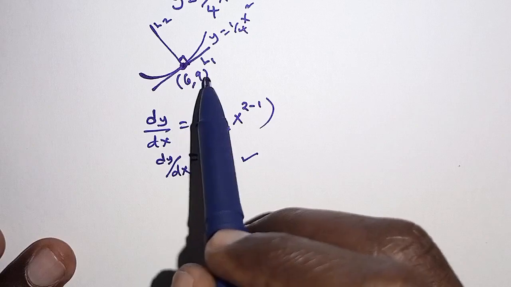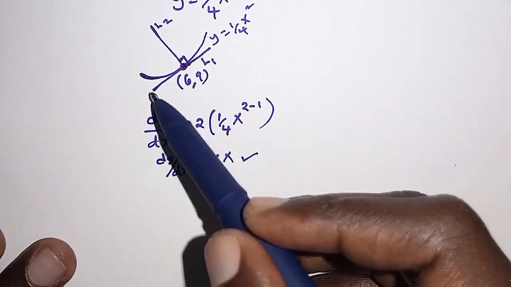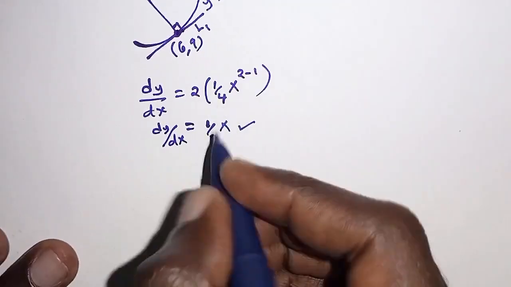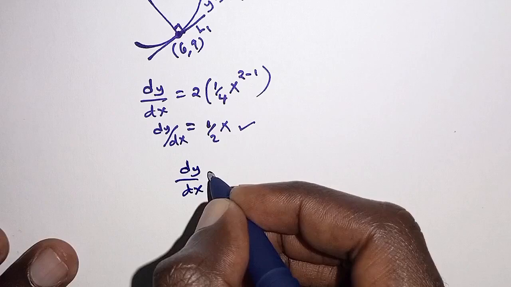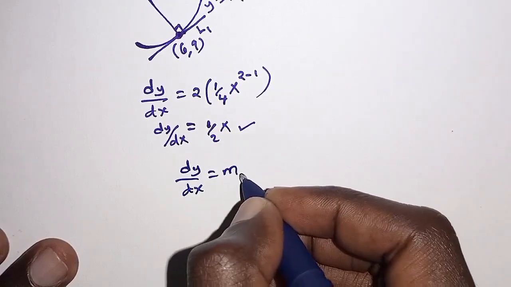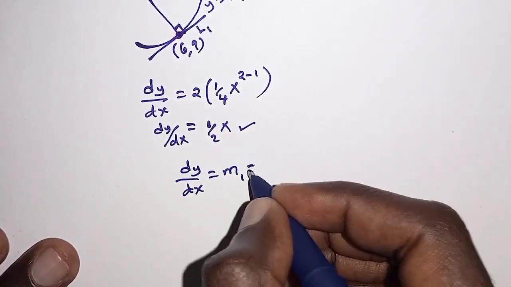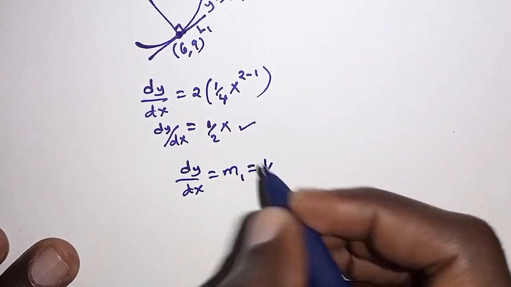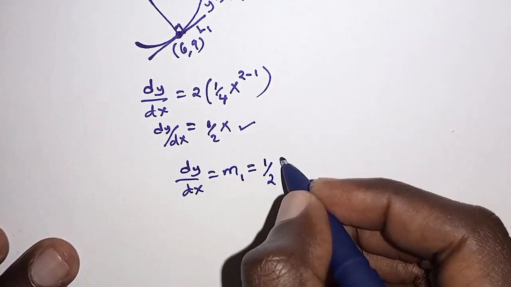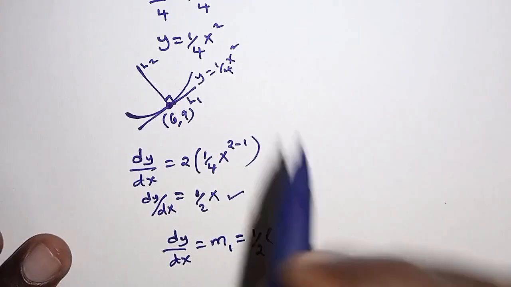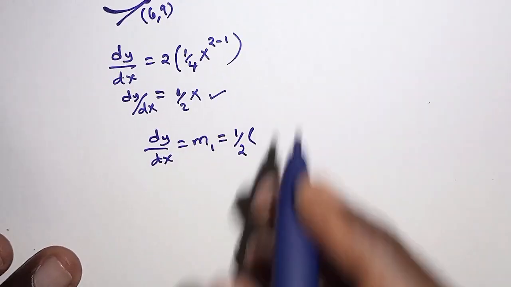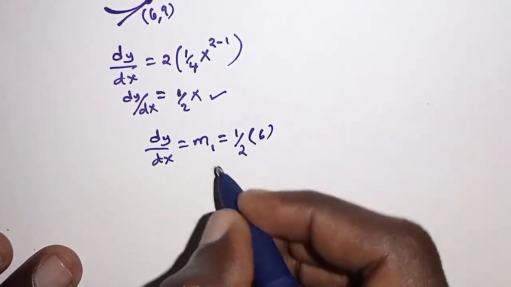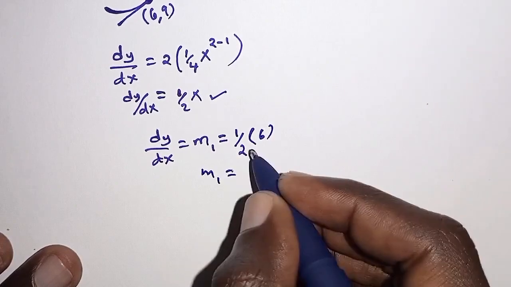So at point (6, 9), the gradient of this tangent line will be obtained as dy/dx is equal to the gradient of line 1, and that is obtained by simply substituting the value of x for the point. Remember, the point is (6, 9), so x is 6, so we have a half of 6. So that means that m1 is 3.